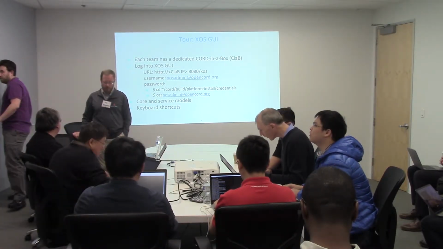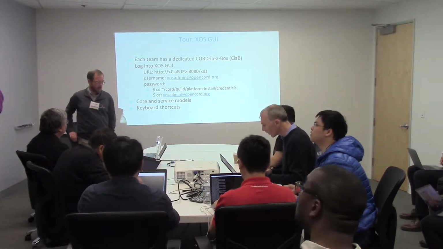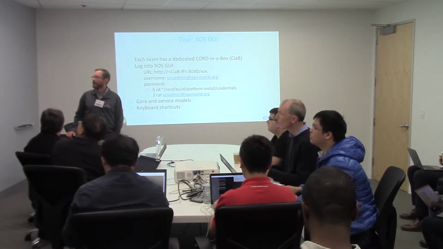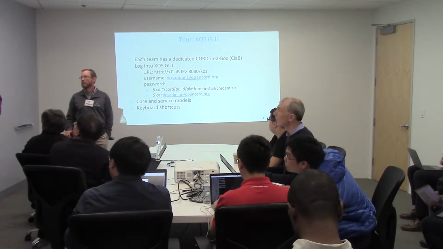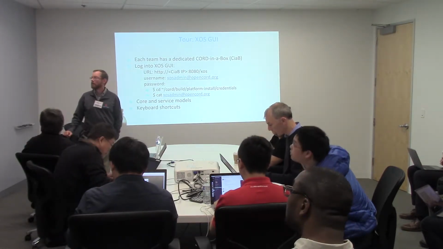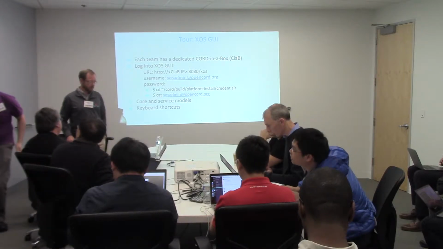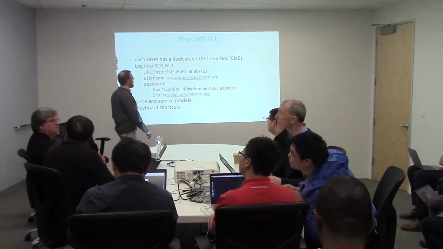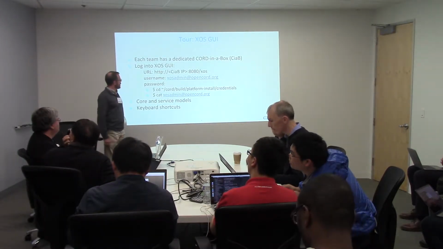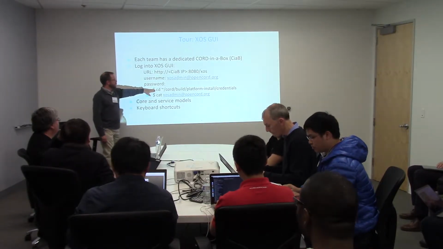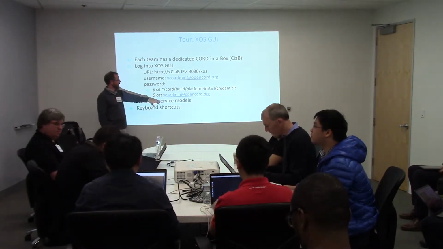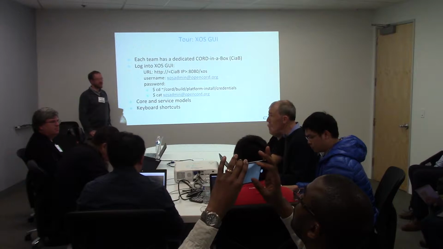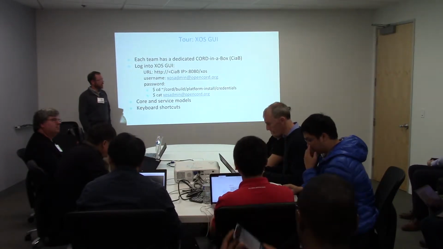The SSH is cord at your IP address, and the password is just cord. The reason this is the first step is you need to get the credentials to log into the GUI. Once you're in, you can cd to this directory and then cat this file, and it'll show you a long string which is the password for the admin user in the GUI.